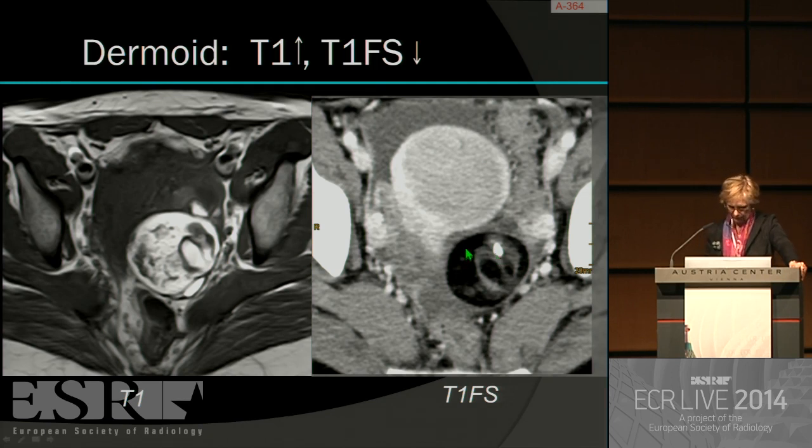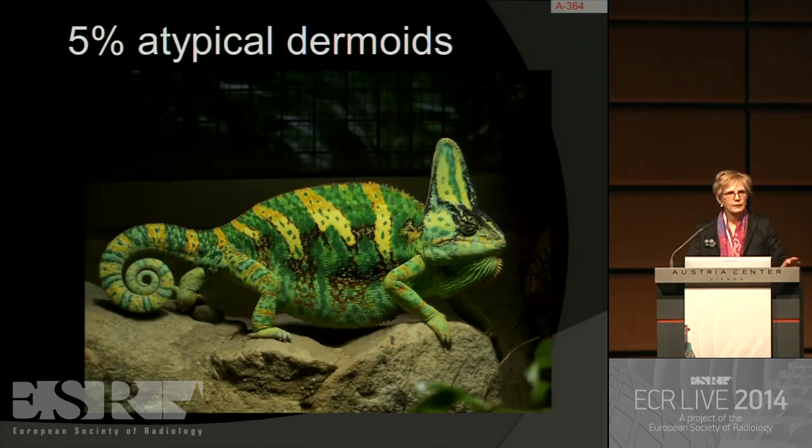That's the same case. The vast majority will present as a fatty structure, but unfortunately, 5% of the dermoids may be atypical, and they may mimic several different lesions, including cancer.